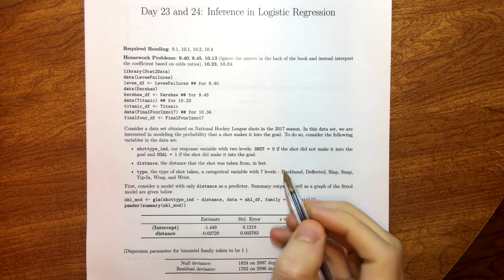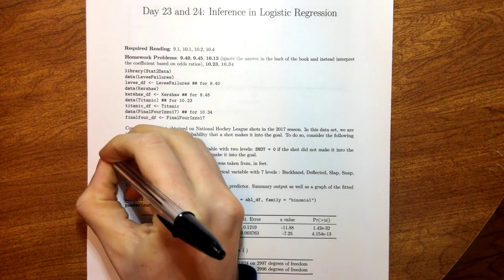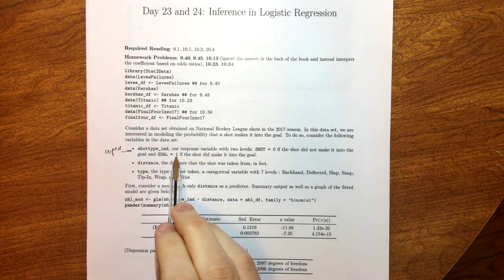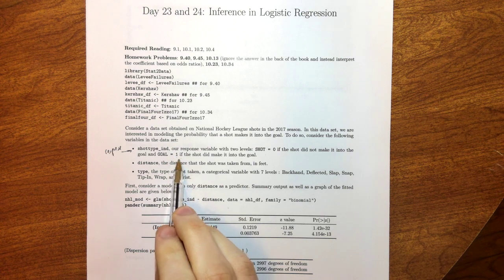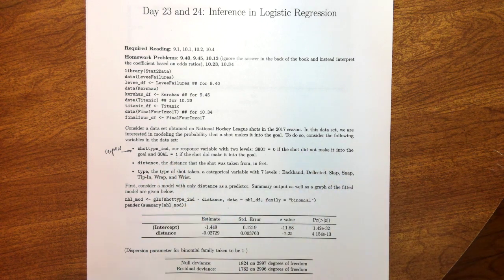The way our response is coded, it's going to be a 1 if the shot did go into the goal and a 0 if the shot didn't go in, or missed the goal, or was blocked.